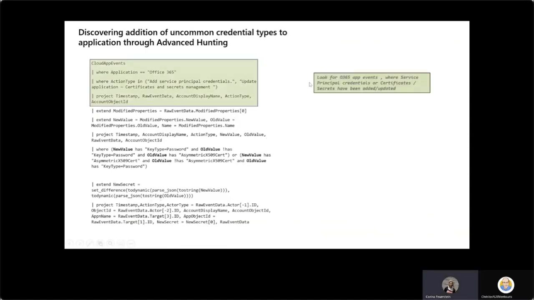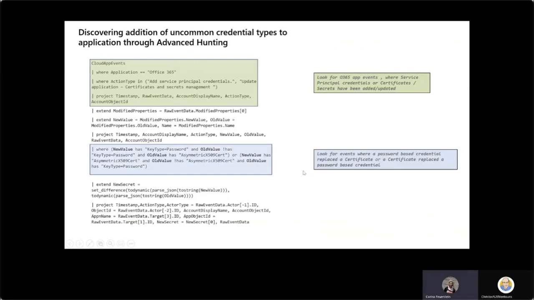Here we look in the Cloud App Events table. This is where the Azure AD audit log events are currently collected. And we look for events where the service principal credentials or certificate secrets may have been added or updated.